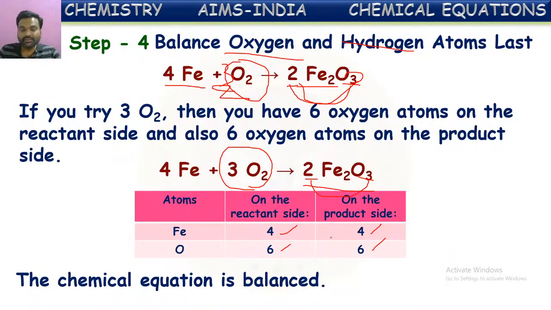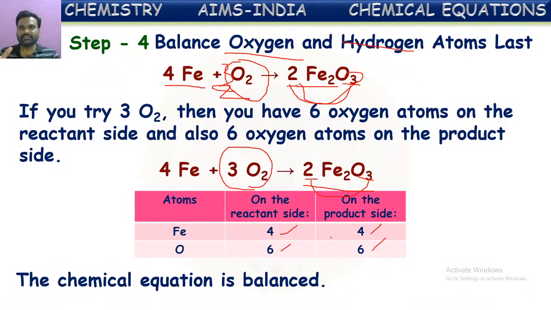So, what we have done here: first we balance the atoms other than hydrogen and oxygen, which are in the elemental form. Heavier metals will be balanced first. How are we balancing these atoms? By randomly keeping some simple numbers in front of these formulae or symbols as coefficients. By keeping a simple number, we have to check whether the atoms are balanced on both the sides or not.